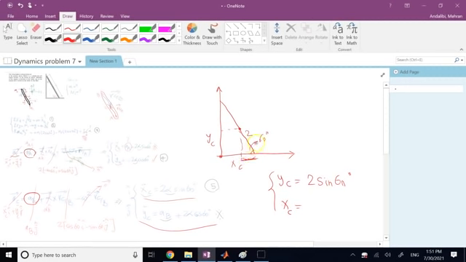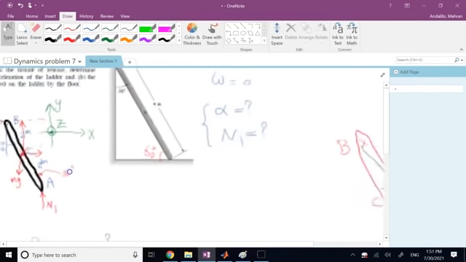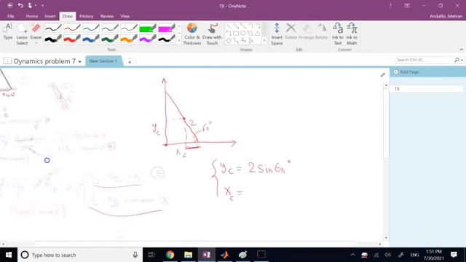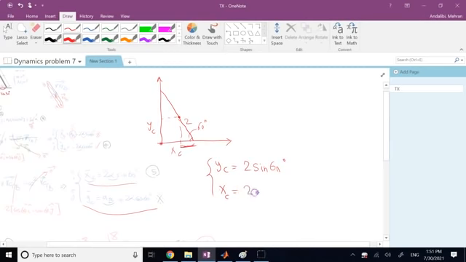And this portion is 2 cosine 60, but the whole thing is, if you look, the whole length is 4, that angle is 30, so this length here is 4 times sine 30, right? So it's 4 times sine 30 minus 2 times cosine 60.